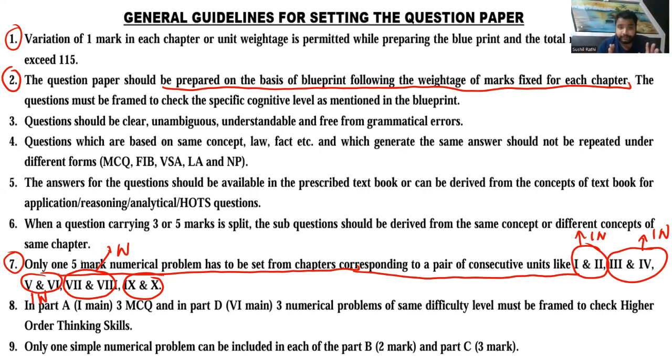So the general guideline suggests that only one numerical can be asked from either of the two units. So now let's crack it. I am going to help you with which chapters you really need to focus on to score the 10 marks. And I can put money on it that these are the chapters where the numericals will come. Okay, so let's move ahead.